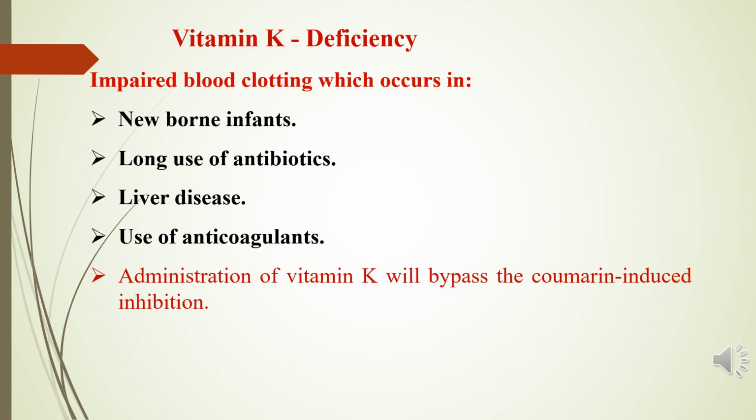As you know, the liver is a site of synthesis of prothrombin. Prolonged use of anticoagulants as dicumarol, an example of which is warfarin, which inhibits vitamin K assisted activation of clotting factors. And as mentioned earlier, administration of vitamin K will bypass the coumarin induced inhibition.